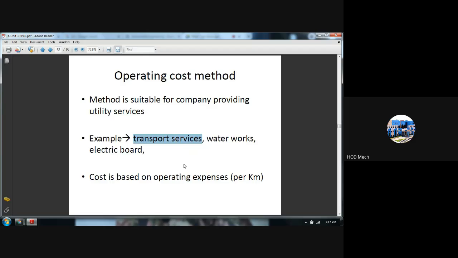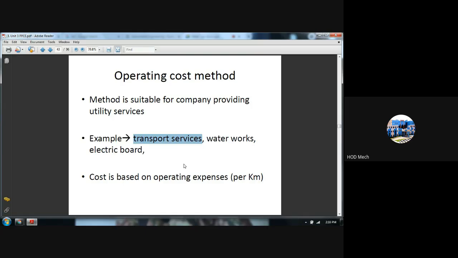So a charge is levied upon you based on the total number of kilometers you have traveled. That charge is basically decided by an authority and it is charged for every person. And not only that, you can find many other examples where you are extending that type of services.